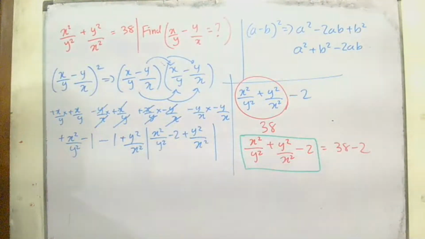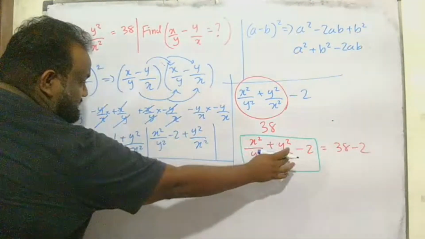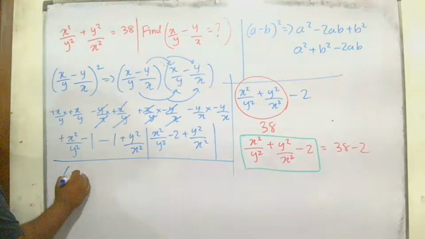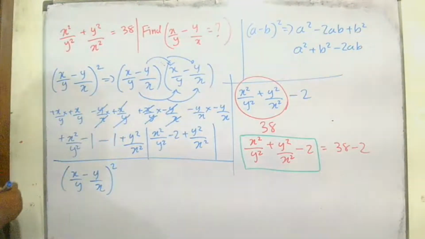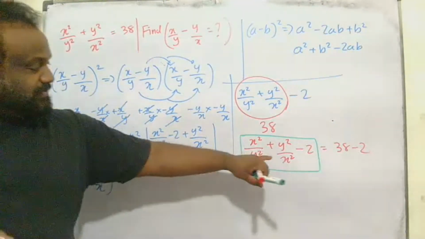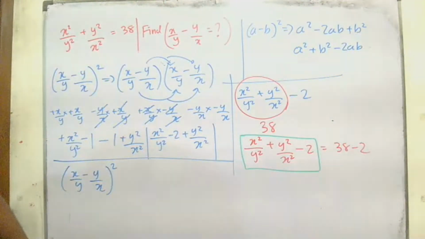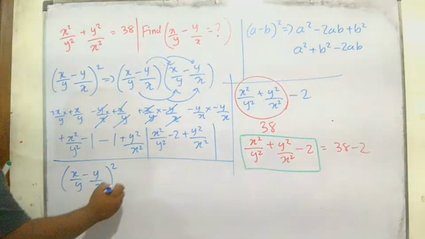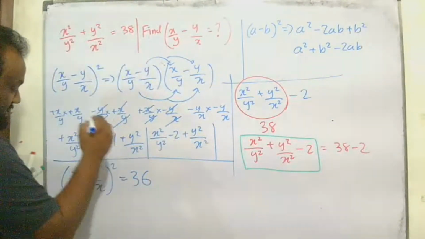Keeping that in our mind, what can we say now? We can say that this is (x over y minus y over x) whole thing squared. Correct? No? This expression is (x over y minus y over x) to the power 2, which is now equal to 38 minus 2, which is 36.